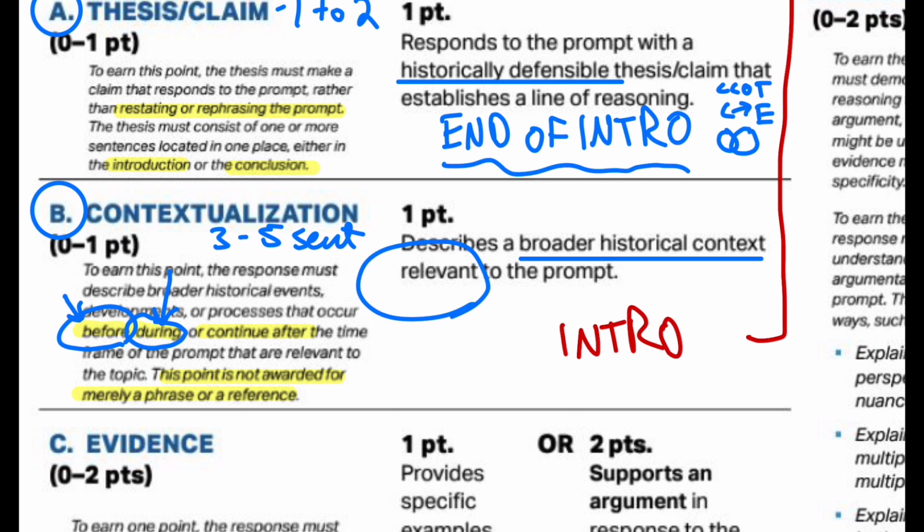I can't talk about the time that I bumped my head into a corner of a table and got a scar on my eyebrow, because that has nothing to do with today, right? So I have to make sure that my context is also relevant to what I'm discussing. So I wouldn't go all the way back to 2nd grade or 4th grade to talk about why I feel the way I feel today.